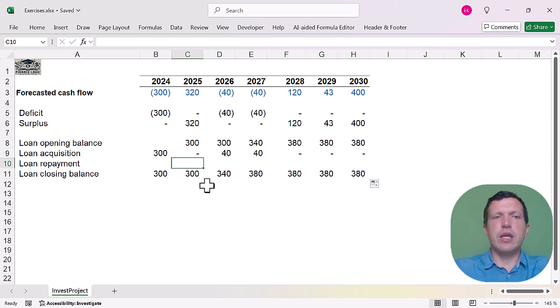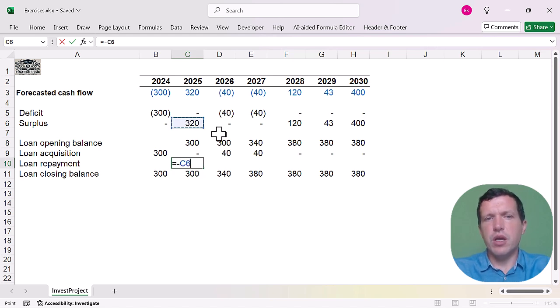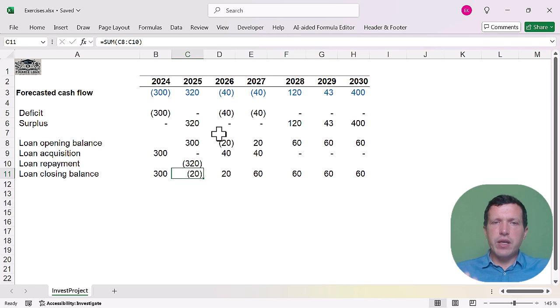So now, as you can see, we have a surplus in 2025 of 320 that is available for us, and we can pay back our loan. So I'm going to refer to surplus with a minus, because I'm going to use the surplus to decrease my loan liability.